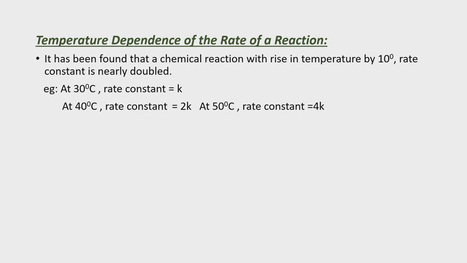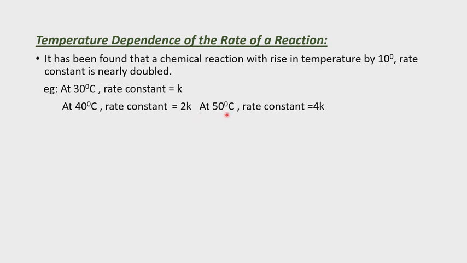Example: at 30 degrees centigrade the rate constant equals K. So at 40 degrees centigrade, according to the statement, the rate constant is nearly doubled, so it will be 2K.